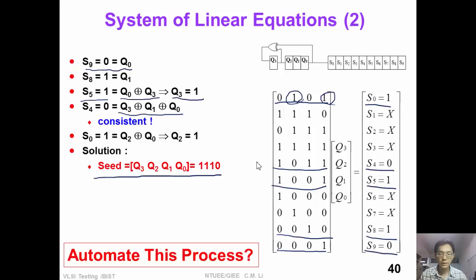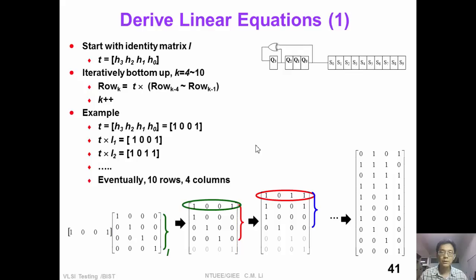However, this is a very slow process. Can we automate this process? In this slide, we are going to show you an automatic way to derive the linear equation systems.